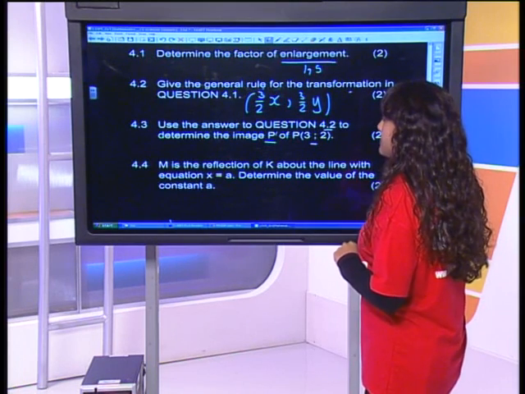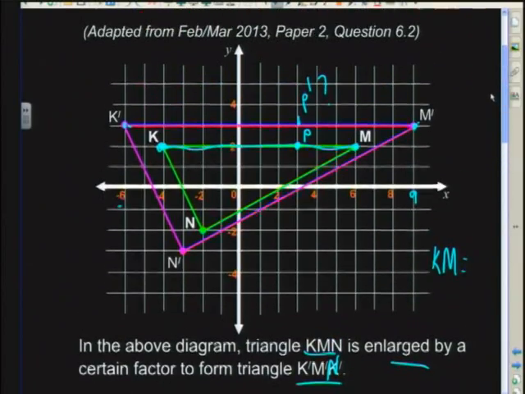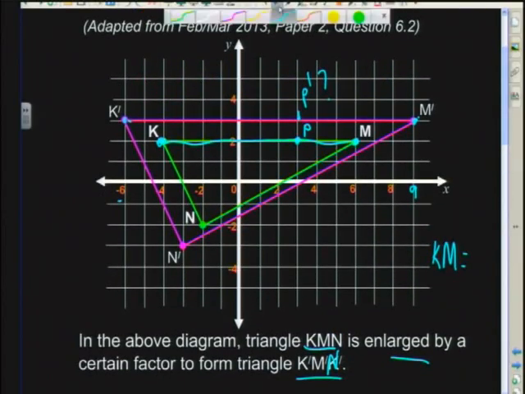They say that M is a reflection of K about the line with equation x equals A. Determine the value of the constant A. All right, so let's go to the diagram. They say that this point M here is a reflection of this point K. And they want to know a reflection in what line.